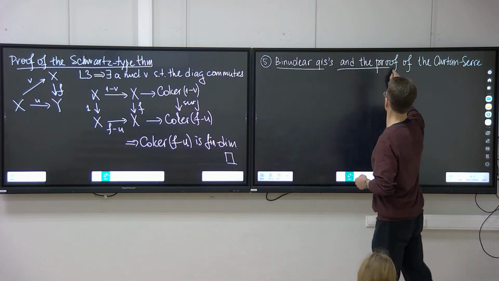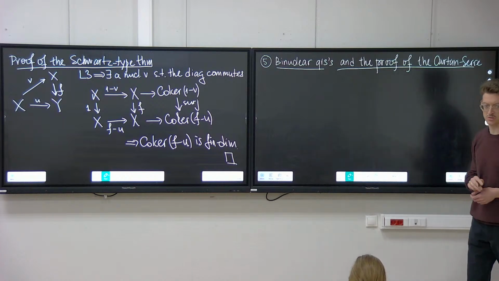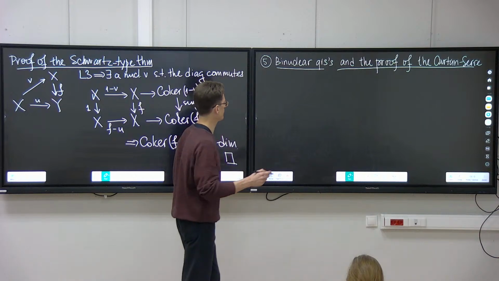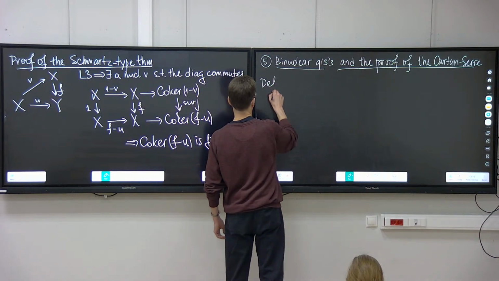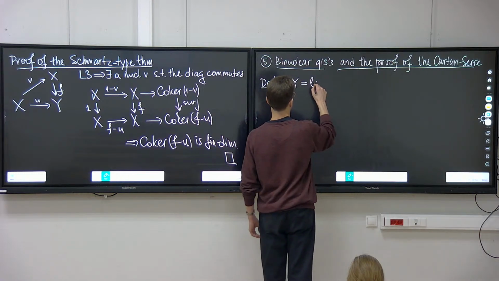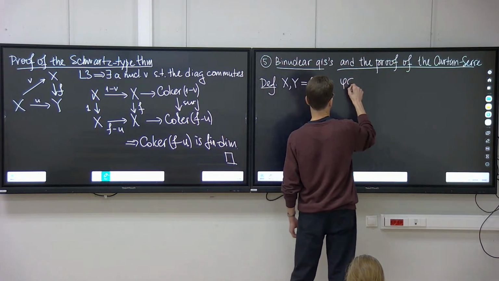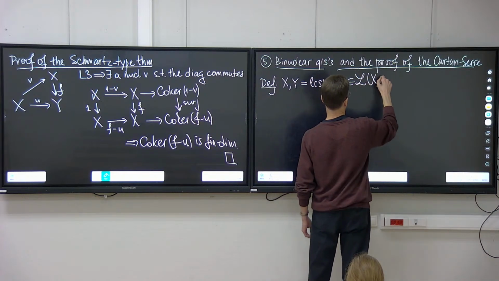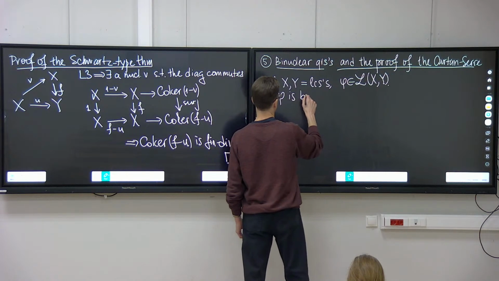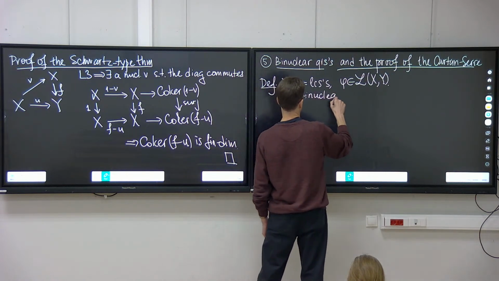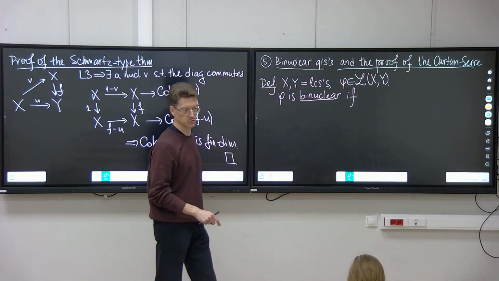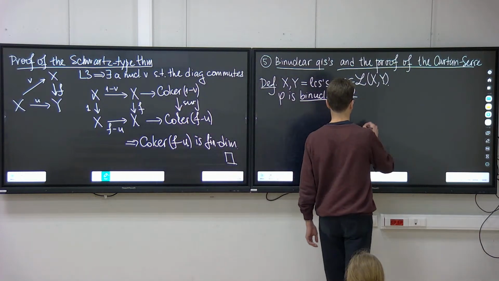First of all, we want to introduce a new class of maps, the so-called binuclear operators. Suppose that X and Y are locally convex spaces, and phi is a continuous linear map from X to Y. We say that phi is binuclear if it can be decomposed as a composition of two nuclear operators.